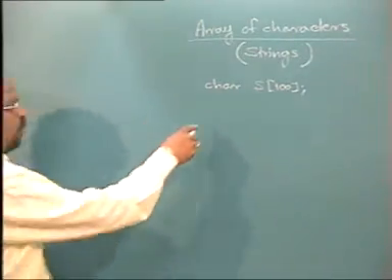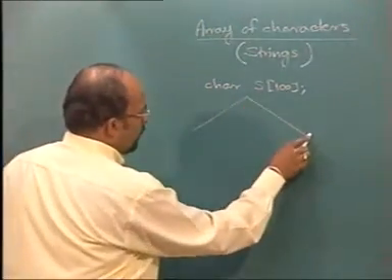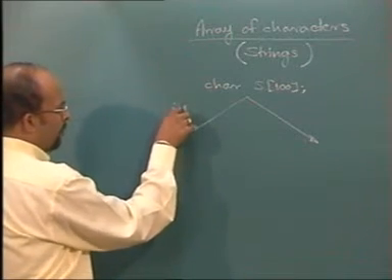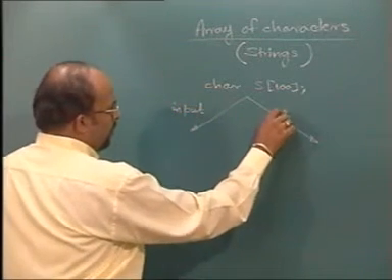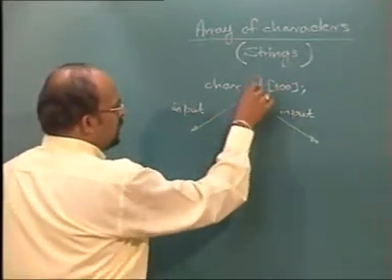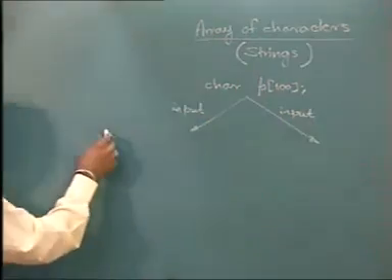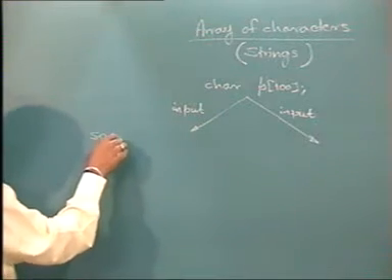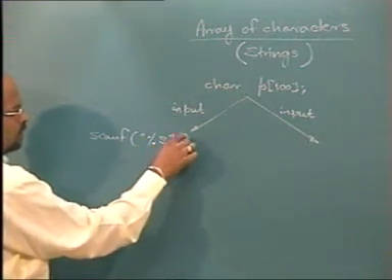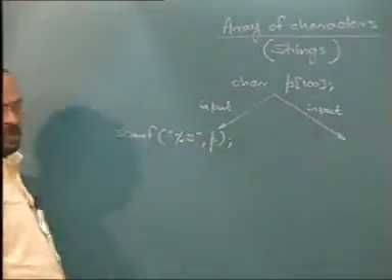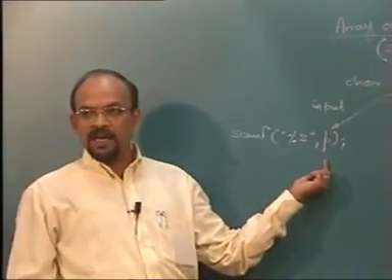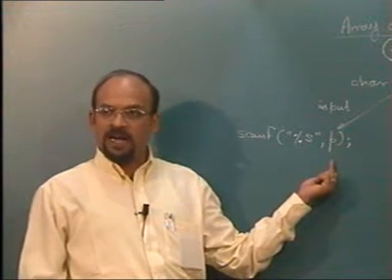For inputting the string, there are two inputs which are possible. One, let me give a different name to this, say P: scanf("%s", P). Now you will understand why I am giving only P. Because the array name is nothing but the starting location, the address.